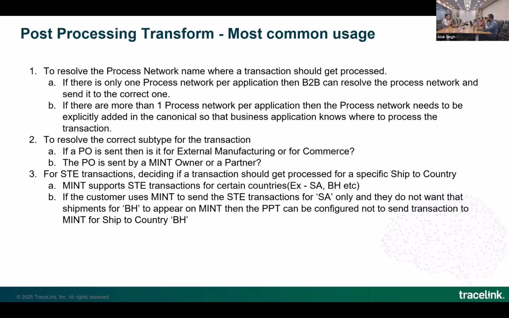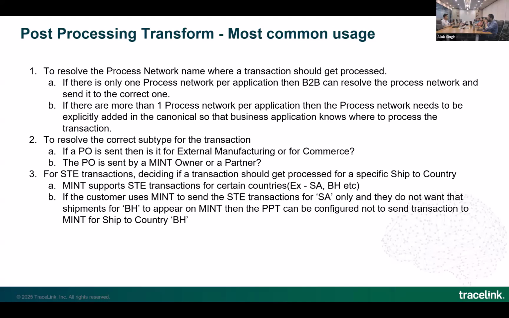So that is where post-processing transforms come into the picture. As long as you have one single process network, B2B does not need to identify the correct process network. By default, it will send all the transactions to the single process network. But as soon as you have more than one process network, then those process network names should get defined in the post-processing transform.